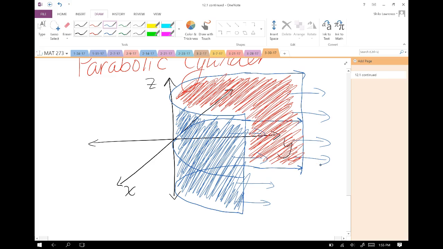So we can't draw it forever, but technically it goes forever. It also goes forever up and down. So these cylinders will always have some two-dimensional graph that helps generate it, and then it will get repeated forever along the axis of the missing variable.